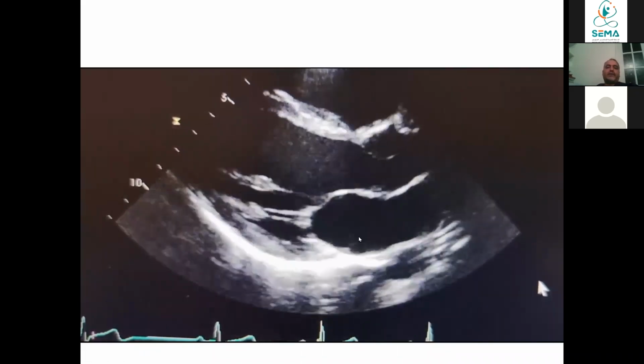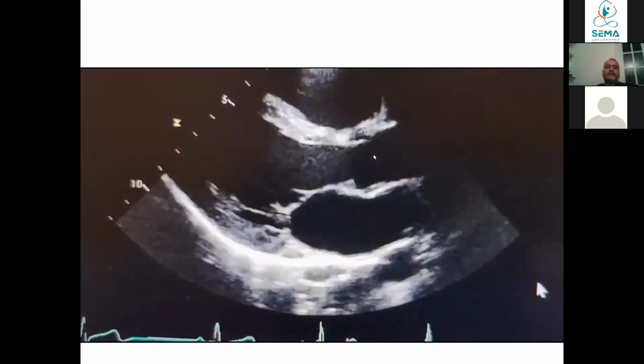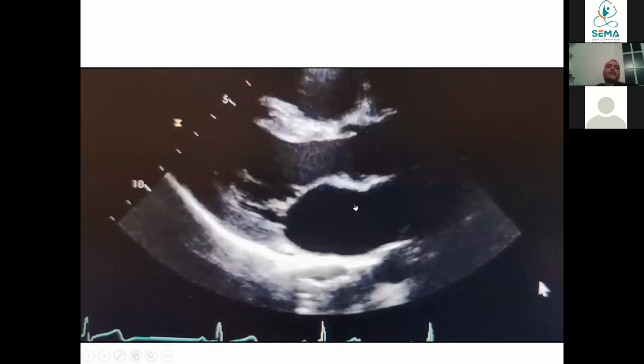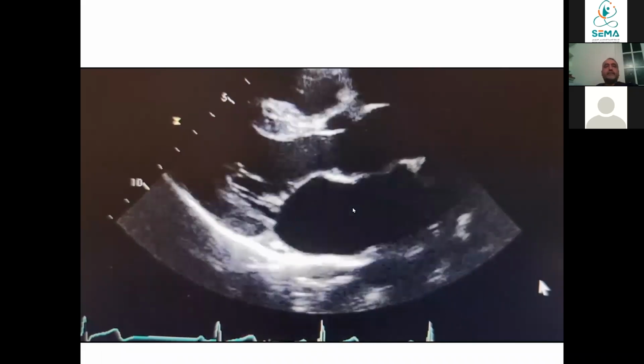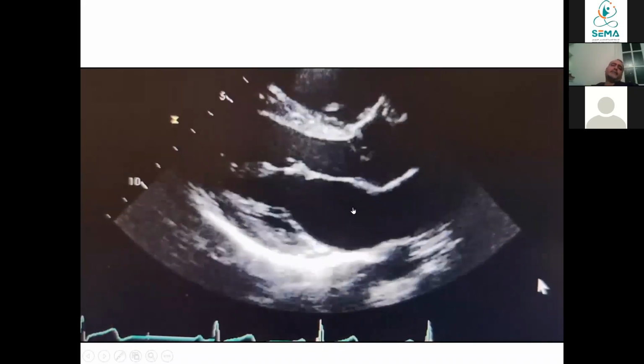You want to see the relation of the aortic valve. Also if you want to see mitral regurgitation, mitral stenosis, you can see this from the long axis view.